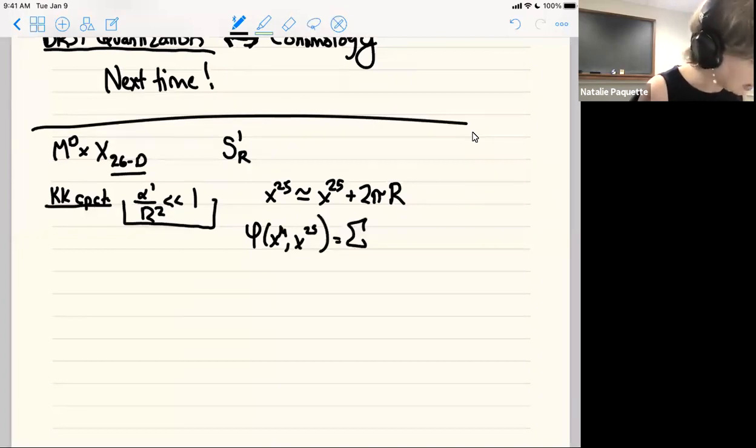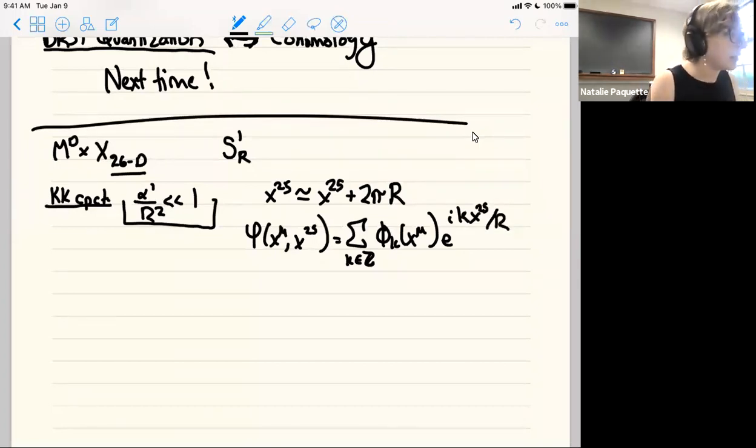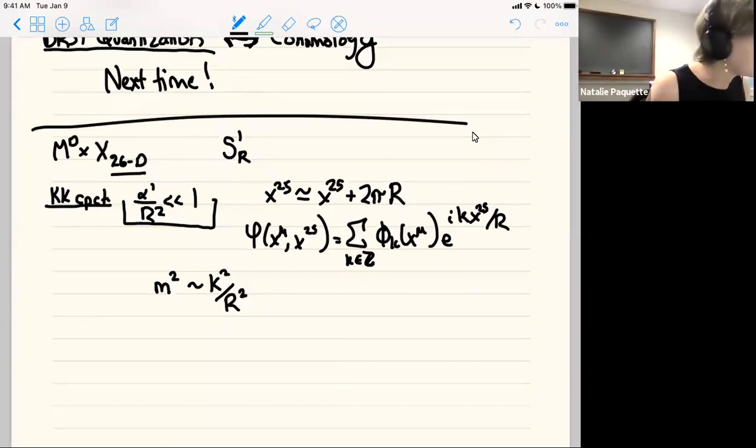If we're just doing a KK compactification, you expand the field in Fourier modes and you plug it back into the action. You write everything out. And you find that you get an infinite tower of states with masses that go like k squared, the momentum mode, over R squared. If we were compactifying some massive fields, we would shift it by the bare mass parameter, but the metric, the B field, and the dilaton are all massless.